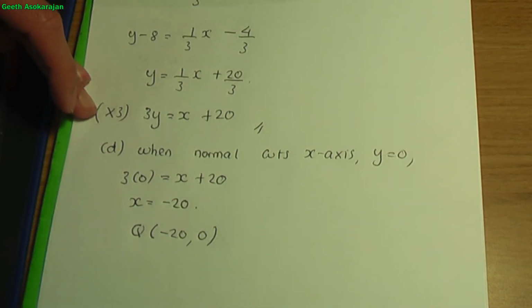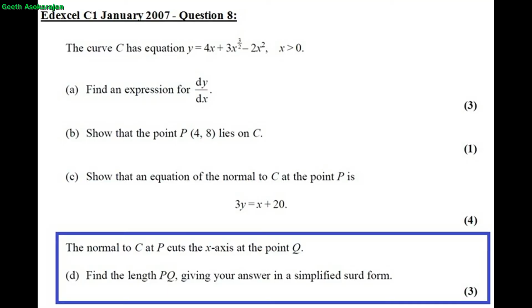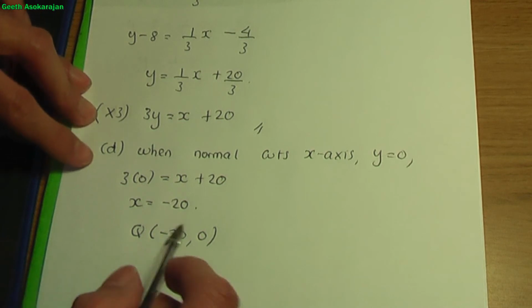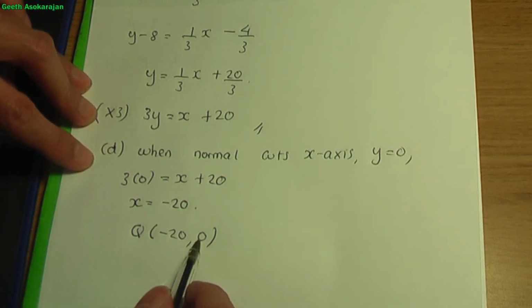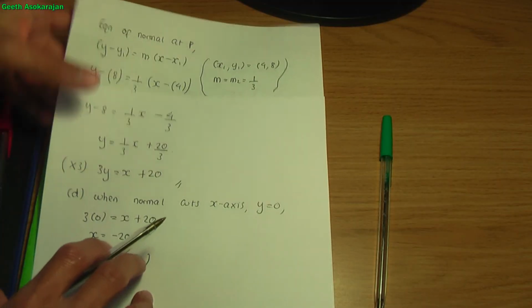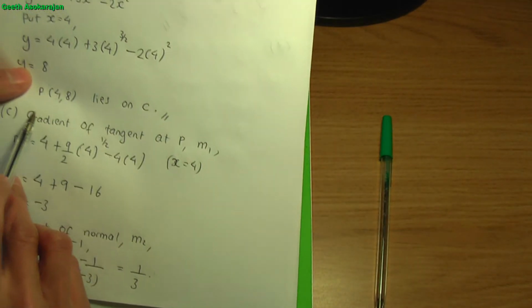So if we go back to the screenshot, referring to the question, we need to find the length of PQ, giving our answer as a simplified surd. So going back to the paper and pen, we have the coordinates of Q, minus 20 and 0, and P has coordinates 4 and 8.